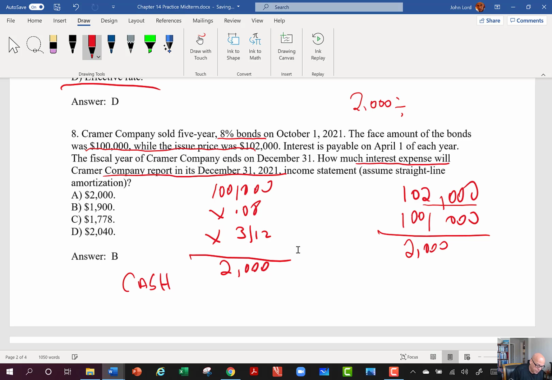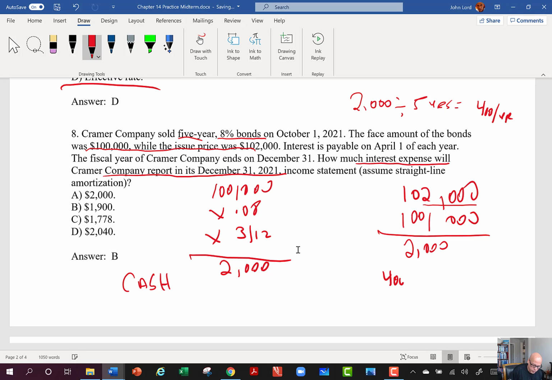It's an annual payment of the interest, so I have to divide that by the 5 years. That means on an annual basis, I will amortize that premium $400 per year. But for this first year, I'm not going to take a full amount of premium amortization.